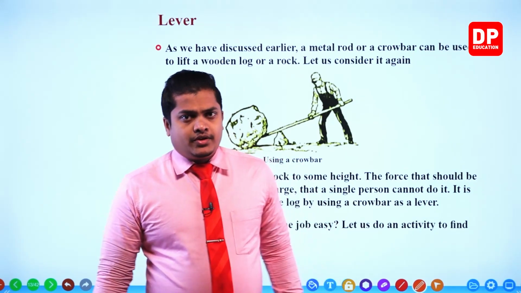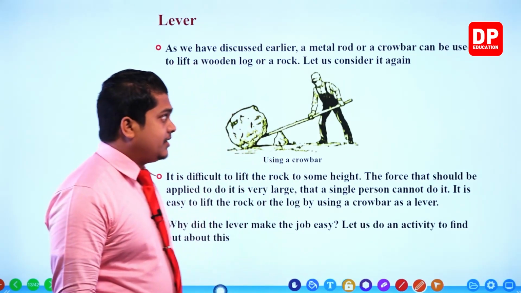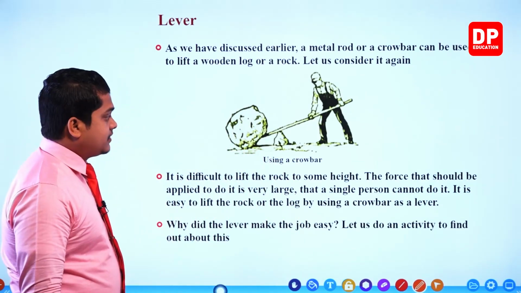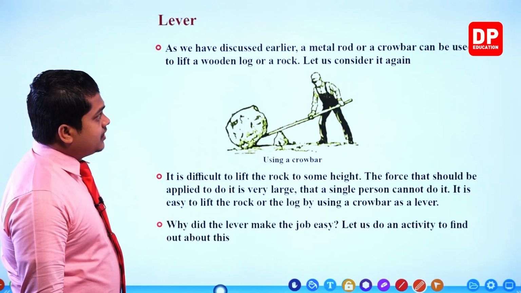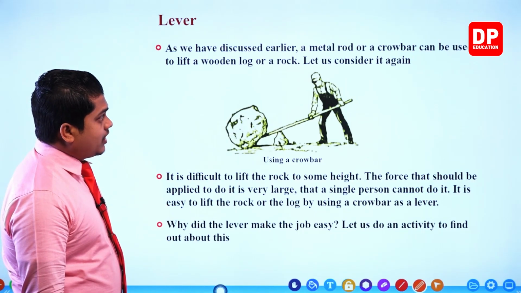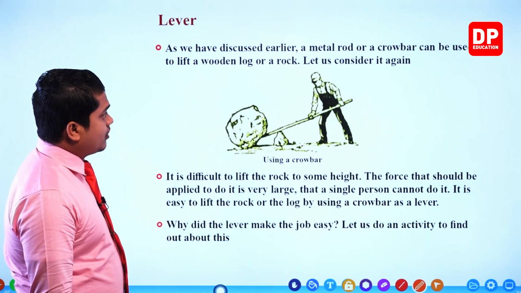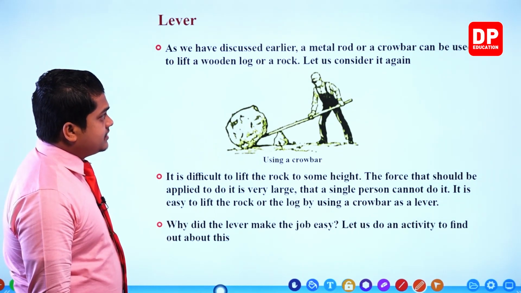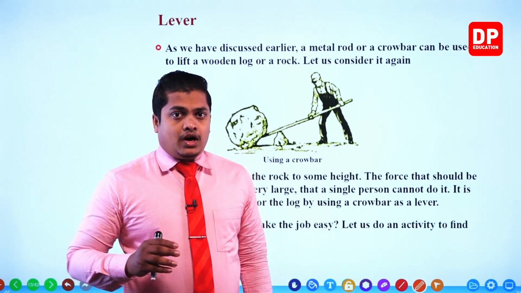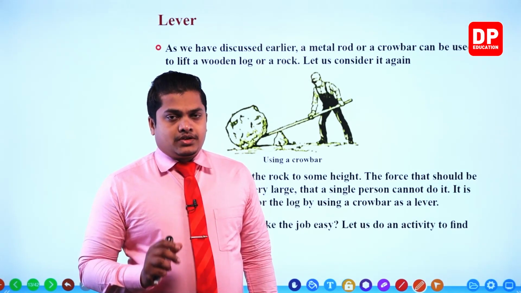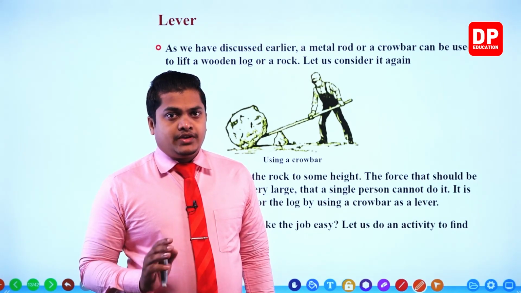Right, now let's head on to see the first main type of simple machine, which is the lever. Here it is given, as we have discussed earlier, a metal rod or a crowbar can be used to lift a wooden log or a rock. Let us consider it again. Can you remember, my dear children, we discussed how to lift or remove a certain rock or a wooden log by using a crowbar.